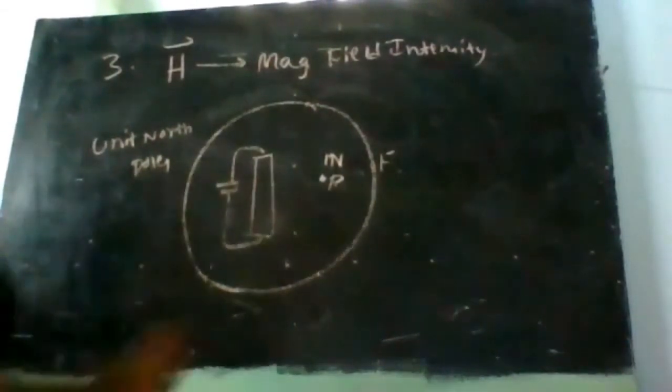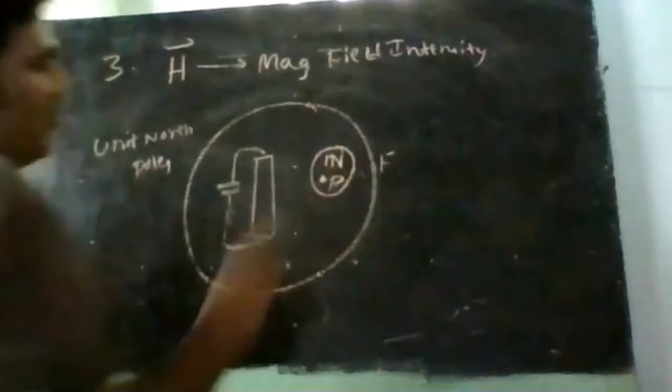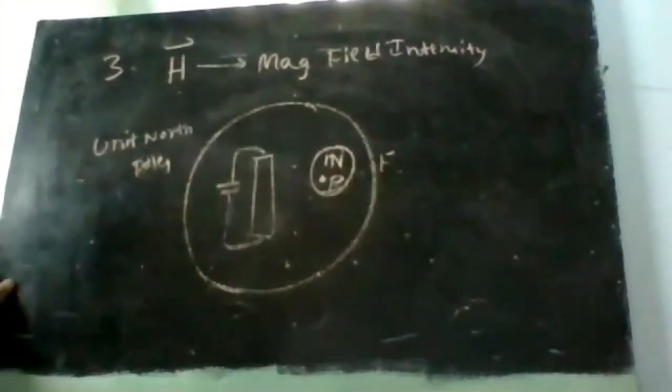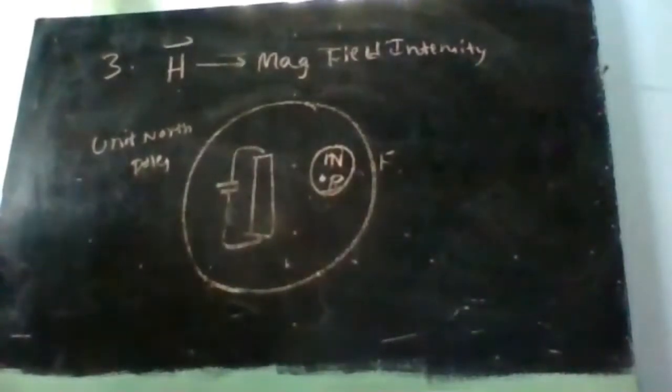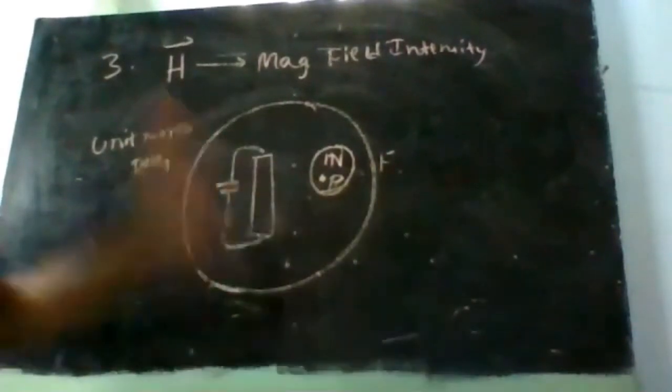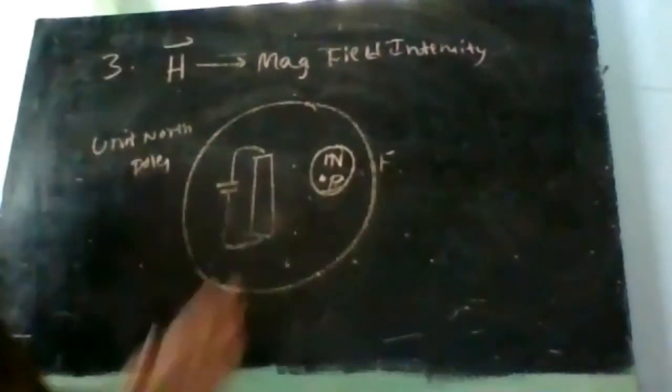Whatever force is experienced by this unit north pole at the point is called the magnetic field intensity at that point. So it can be defined as the amount of force experienced by a unit north pole placed at that point, in the normal direction.